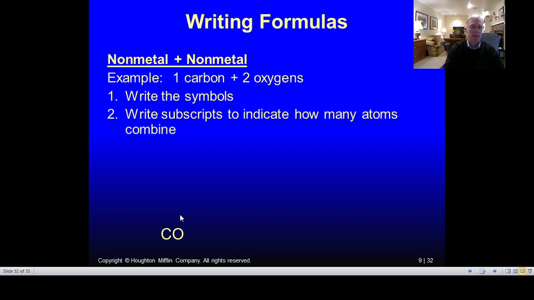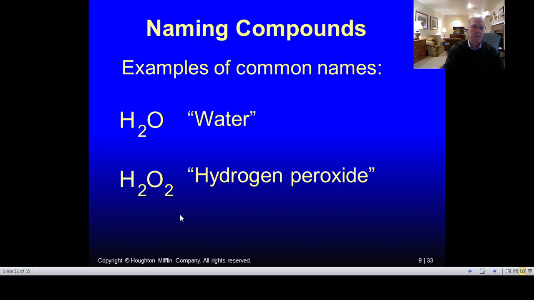For example, if we had the compound carbon dioxide, the formula would be CO2. Carbon monoxide would be CO. Those formulas we can write easily once we have the name, because the name describes how many of which elements are in these chemical compounds.